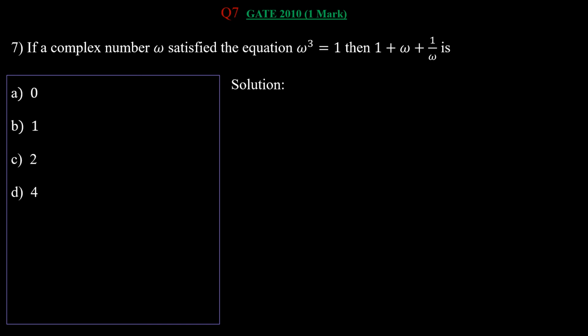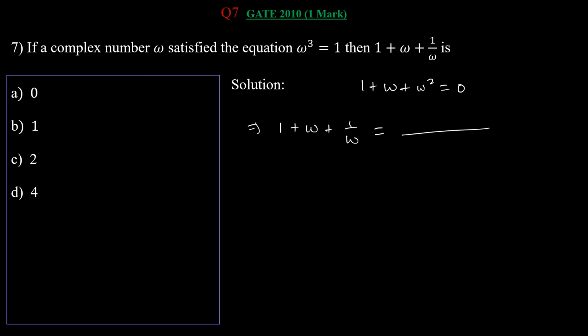So we know, if you remember the cube root of unity, 1 plus omega plus omega square is 0. So that property we will use here. So we are given 1 plus omega plus 1 upon omega.